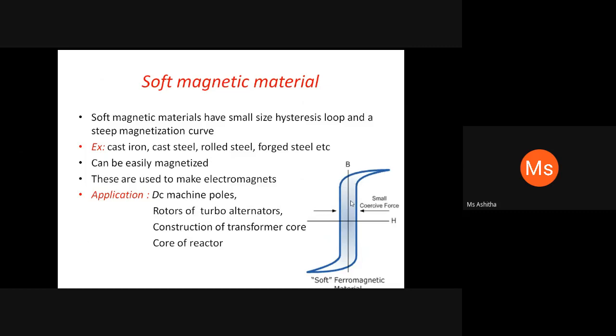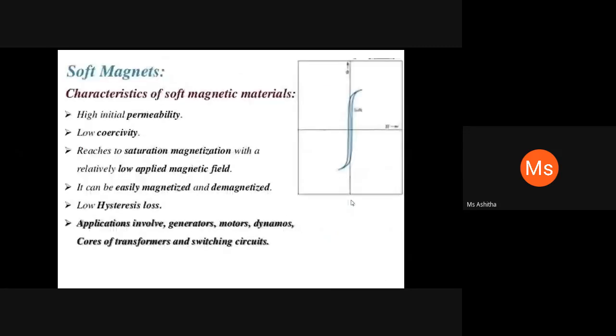Different steel materials, or sheet steel materials, undergo different processes and come up with different shapes. Those are examples of soft magnetic material, and it can be easily magnetized. Examples of use are most electric machines, that means DC machines, turbo alternators, or transformer cores. And these are the properties of soft magnetic material.